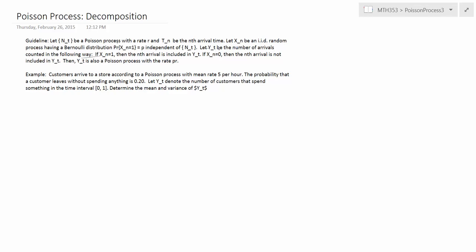So we can see the following: imagine that we have the nth arrival, and we have a 20% chance that the customer is not going to spend anything, and then we do not count them.